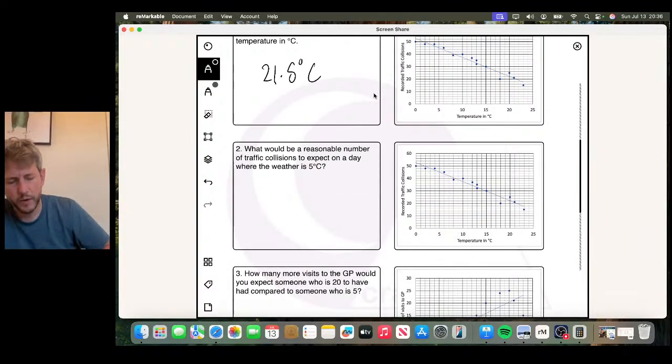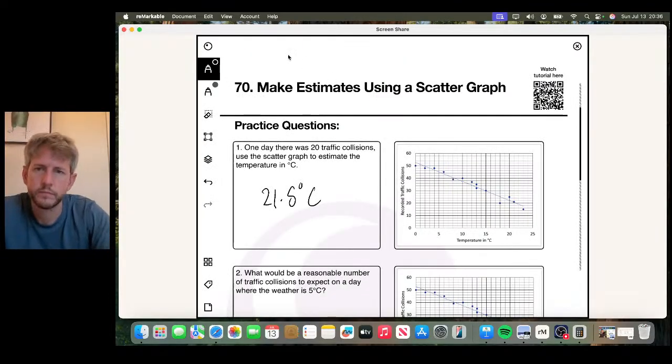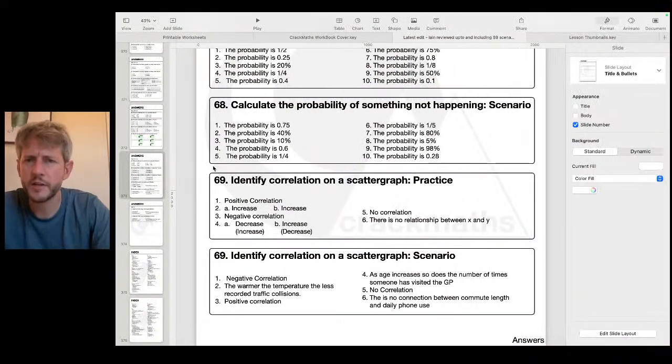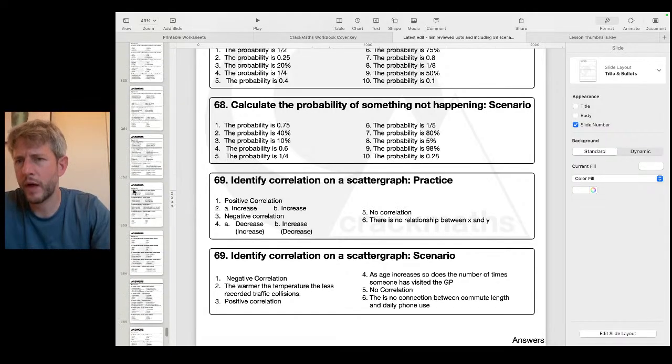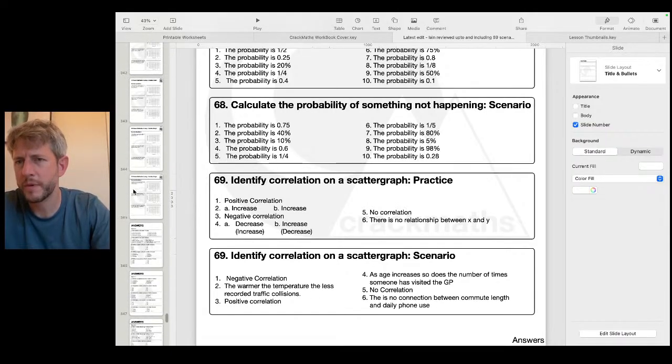I actually don't know if I like the wording for that one, because "one day" makes it sound like that's one of these instances. So I need to change that, because that "one day" bit makes it sound like that's one of the pieces of data.